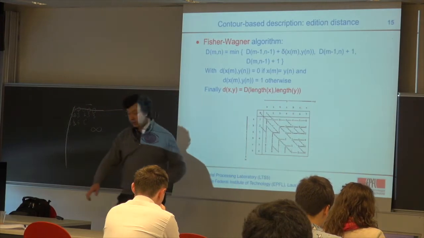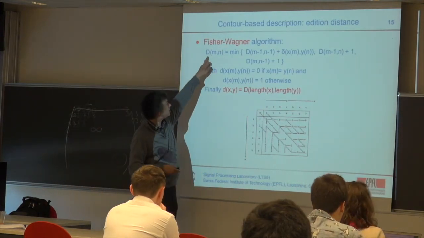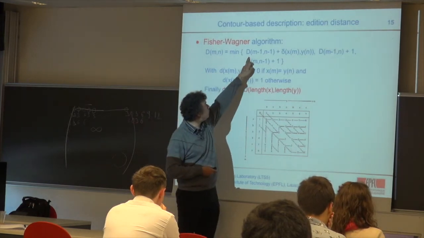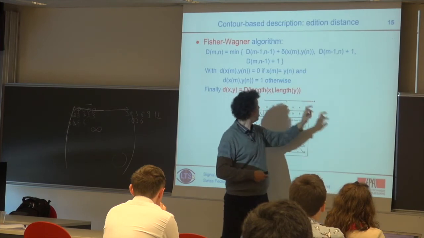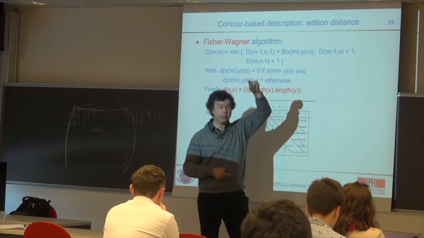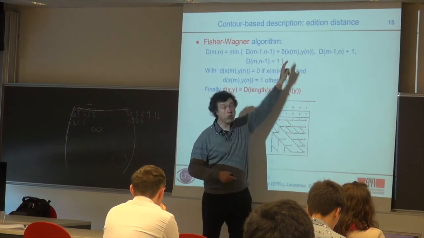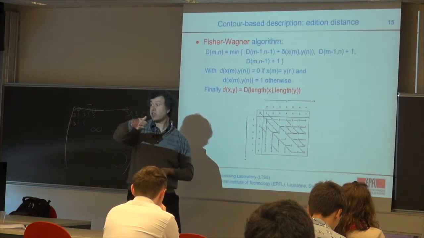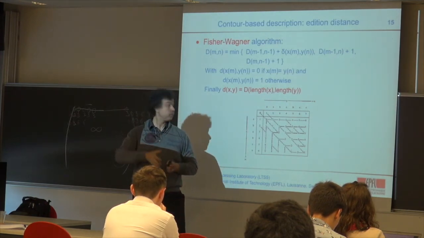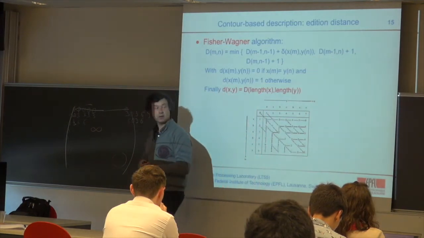And so this is basically what is written in my algorithm here. For each box, you look at the previous one on the left, and you add 1. On the right, upwards, and you add 1. Or in diagonal, and you add 0 or 1, whether you have to still do a substitution of the last character or not. And you do that, and you get the edit distance.